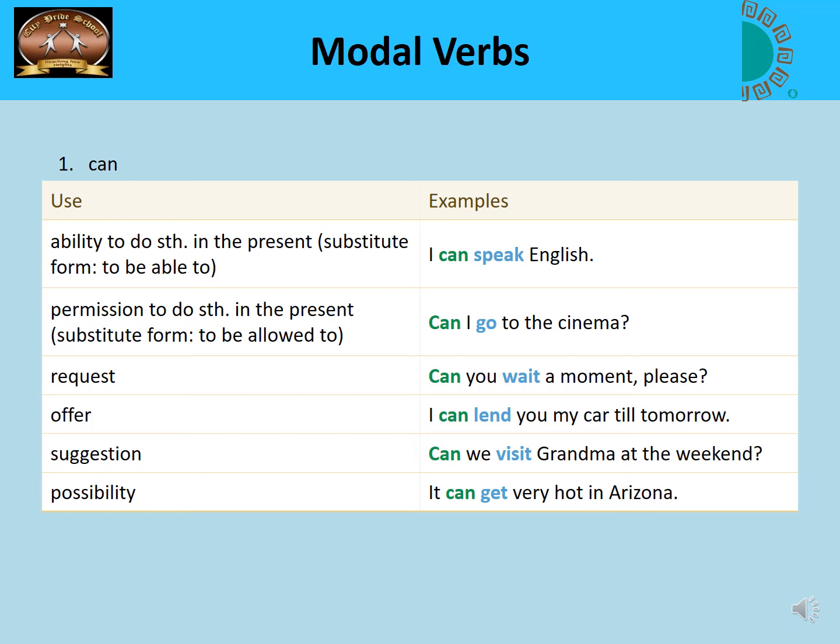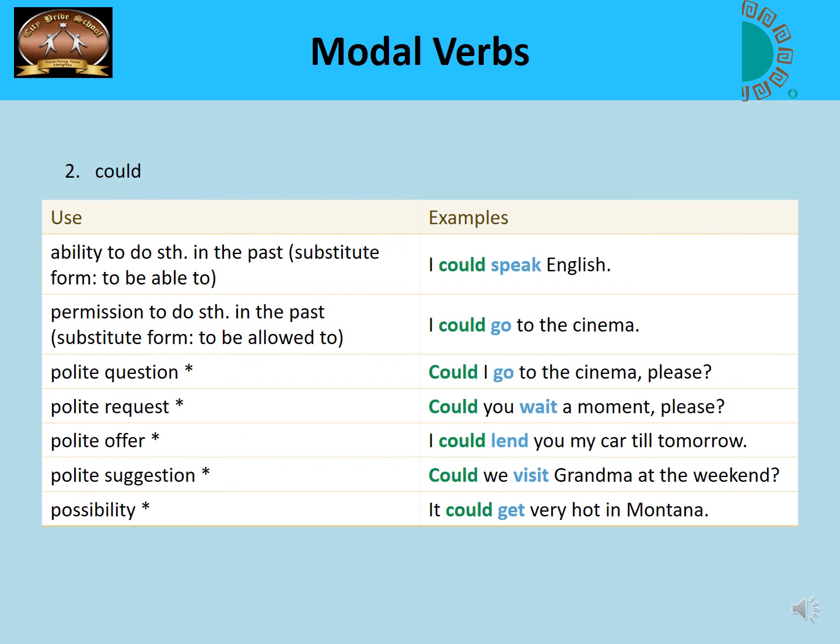STH stands for something. In the present, I can speak English. Can I go to the cinema? Is again a permission. Request: can you wait a moment, please? I can lend you my car till tomorrow. It's an offer. Can we visit grandma at the weekend? Suggestion. It can get very hot in Arizona.